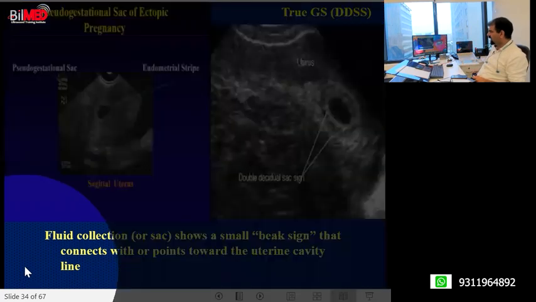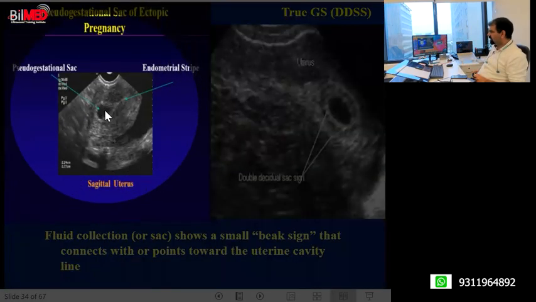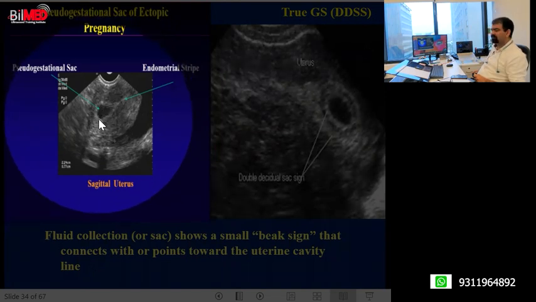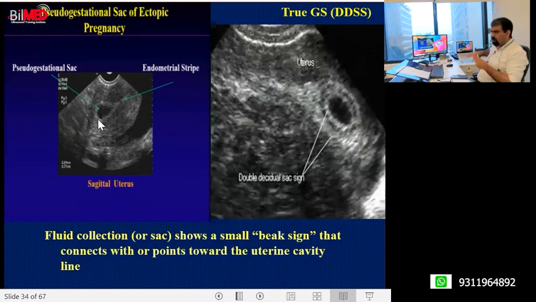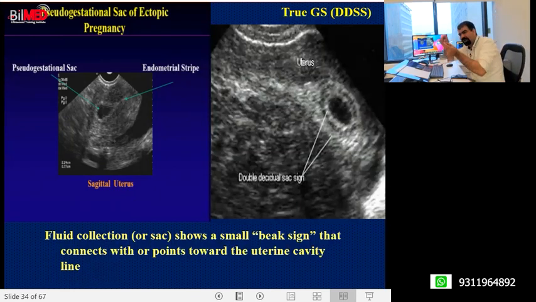Now we know that the pseudogestational sac is nothing but a fluid collection in the endometrial cavity. Question: is the uterine cavity round or oval? No, it is tapering towards the cervix. Will this fluid, I mean the pseudogestational sac, also taper towards the cervix?